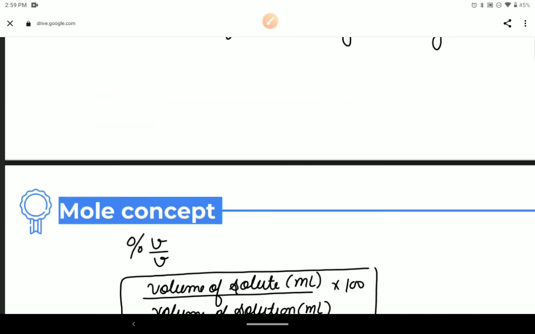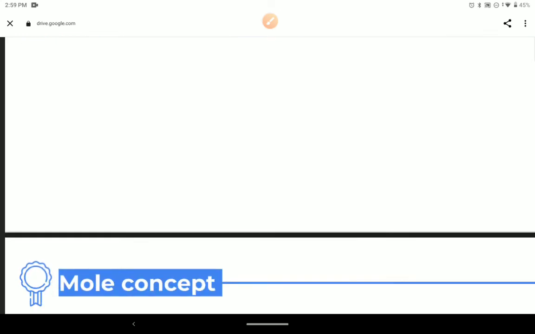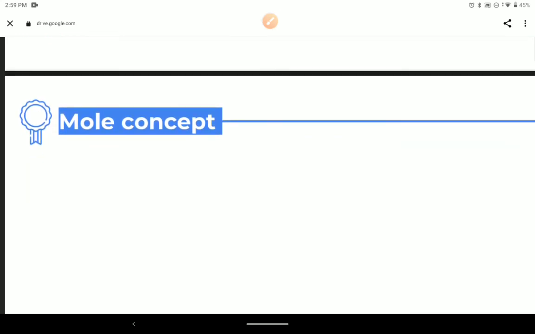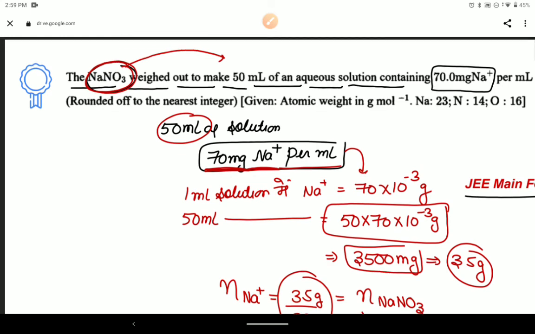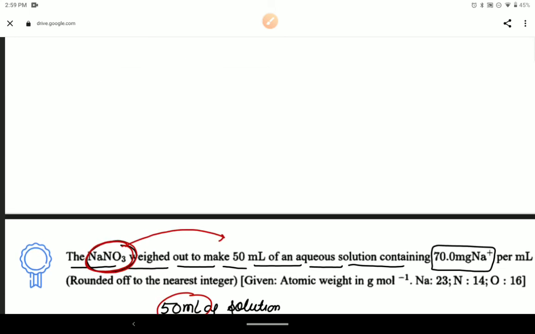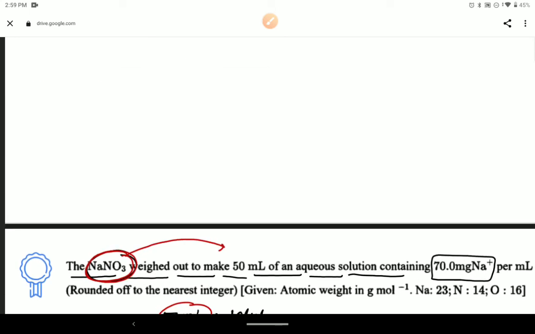This is all not needed for JEE, not at all asked till now, not useful also. See, there was a question. Let's solve this. Come on. NaNO3 weighed out to make 50 ml of an aqueous solution containing 70 milligrams sodium.